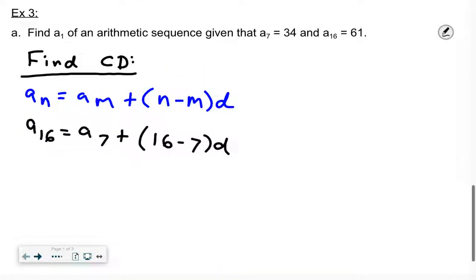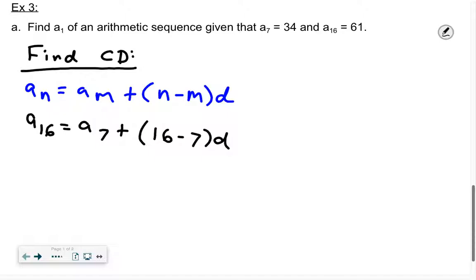What did we say a sub 16 was? 61. Very good. What was a sub 7? 34. And now don't we just have a bunch of numbers with a variable? A single variable, which means now we can solve for that common difference.